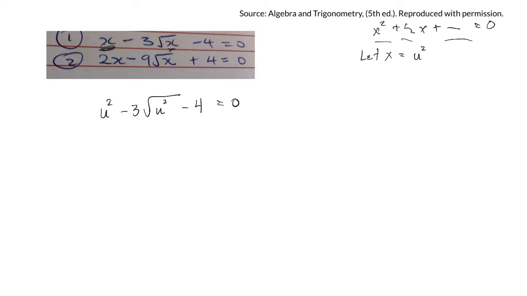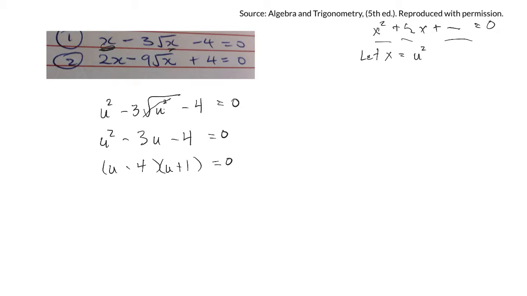And then the square root of u squared, those two cancel. So really I have u squared minus 3u minus 4 is equal to 0. Then I can factor that. So it'll be (u minus 4)(u plus 1) equals 0. I think that's correct. Yeah, that's right.